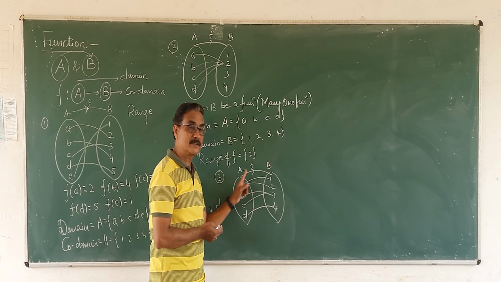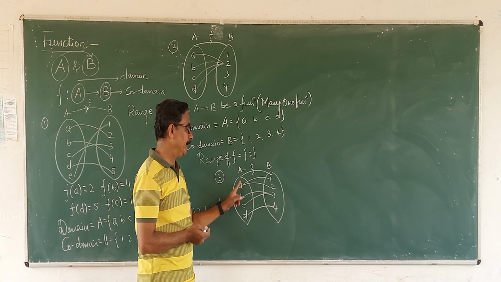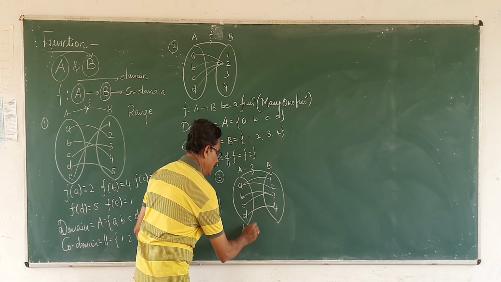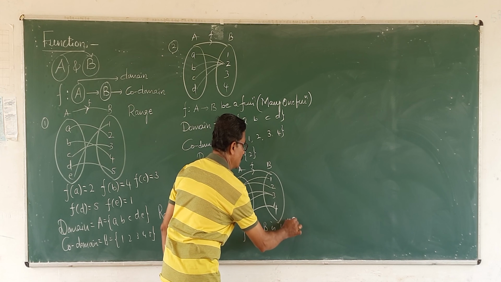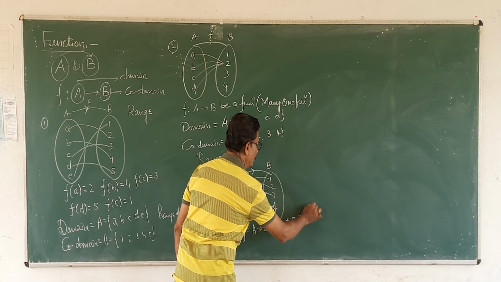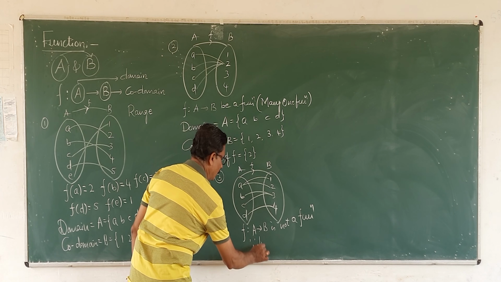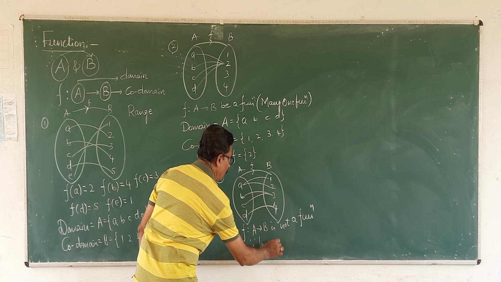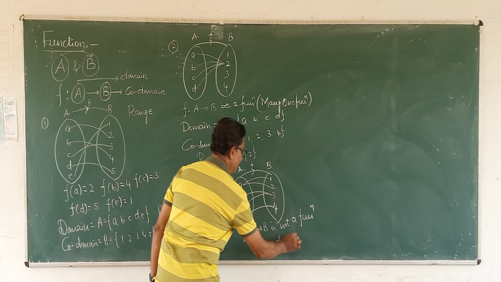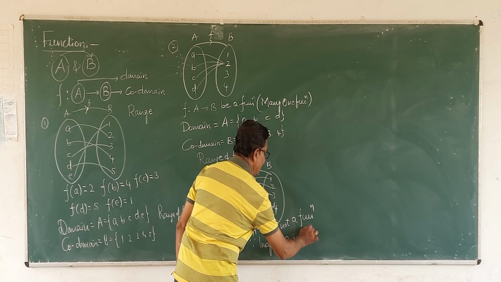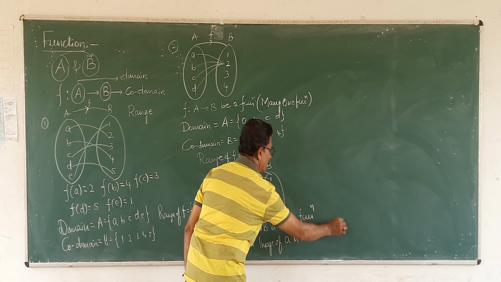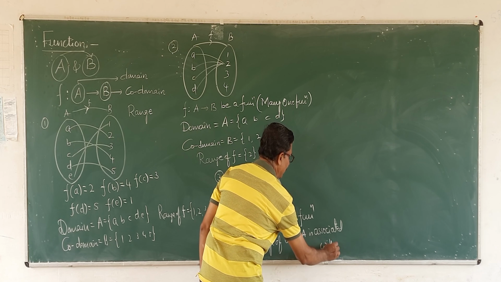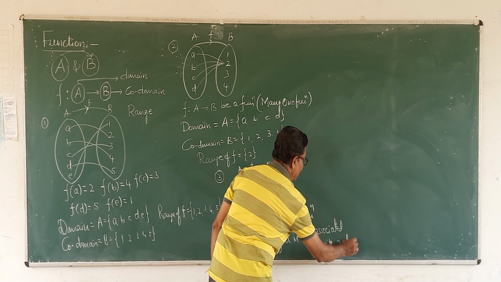So it is not a function because the image of element A, here F from A to B, is not a function. Why? Because the image of element A in the set A is associated with how many elements? 2 elements.